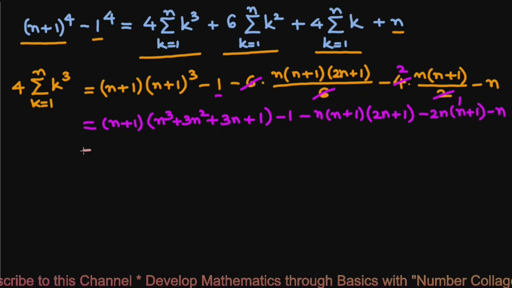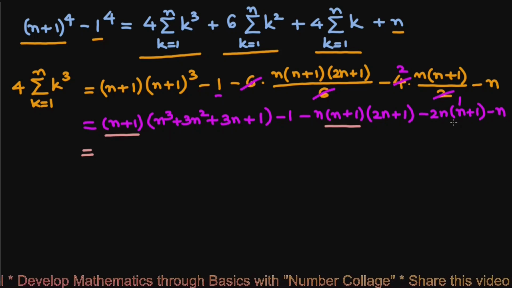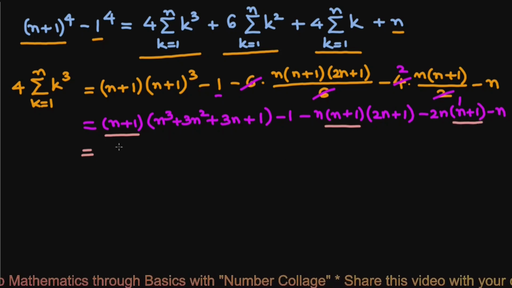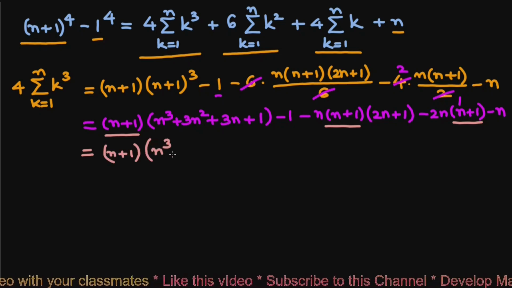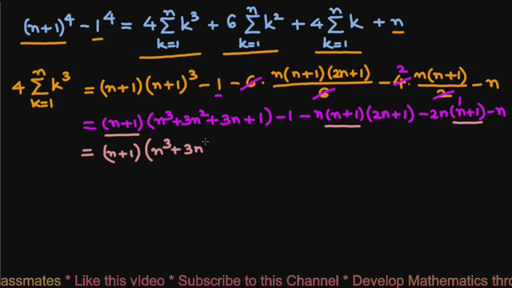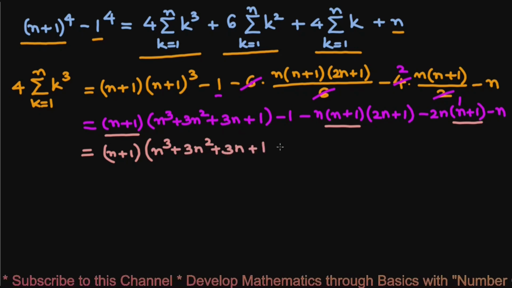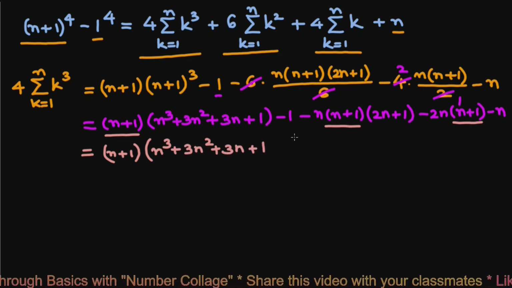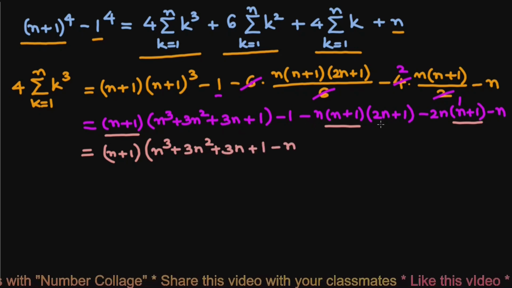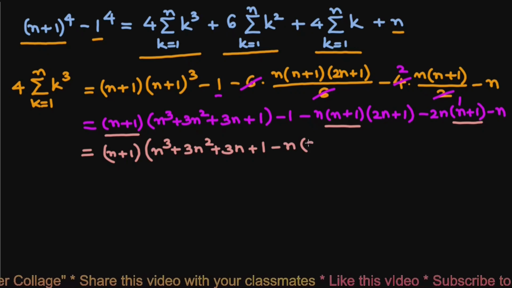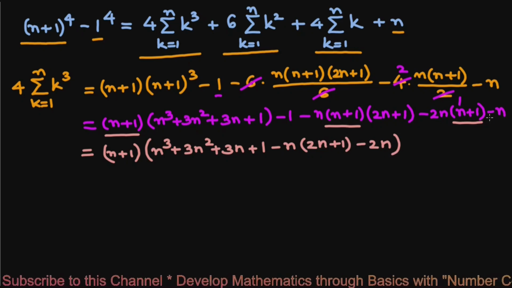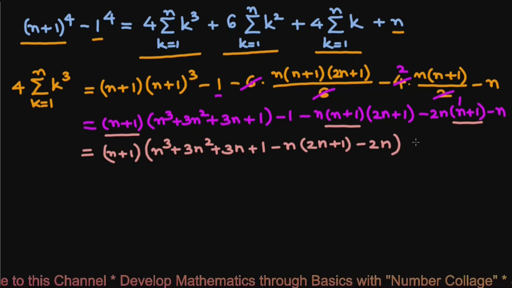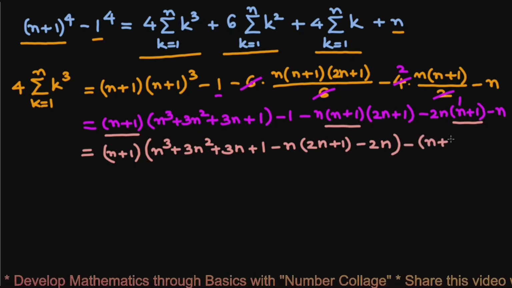Now we will take this (n+1) common from these three terms and write (n+1) into this n cube plus 3n squared plus 3n plus 1. Next we write this minus n into this (2n+1) minus this 2n, and we write this minus n minus 1 as minus (n+1).